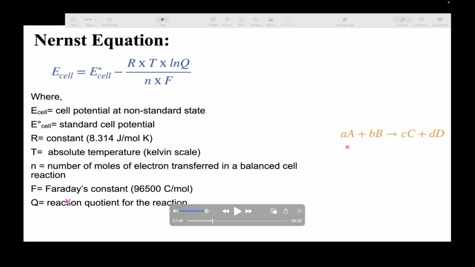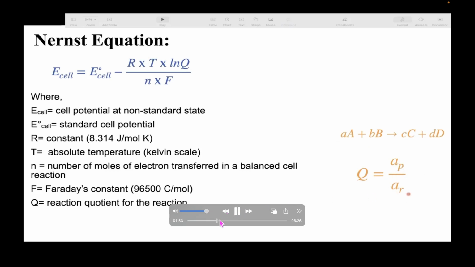To define Q, I will just give you one example of two reactants A and B reacting, giving me the products C and D, and the number of moles reacting is respectively a, b, c, d in small letters as shown. So my reaction quotient will become as, yeah. This is just written as Q is equal to activity of the product upon activity of the reactant.